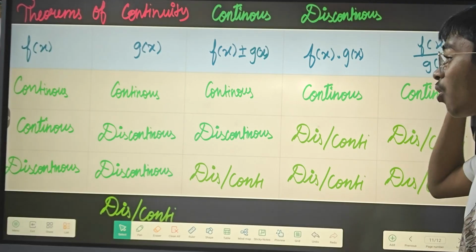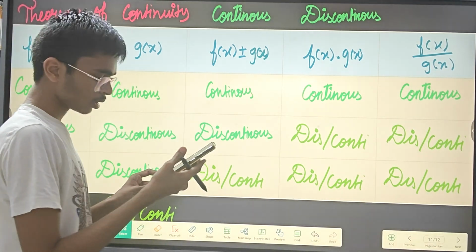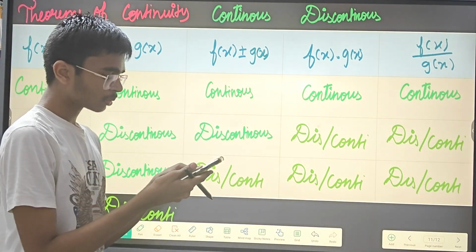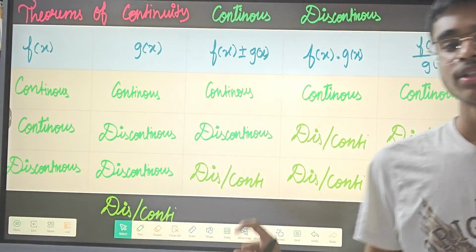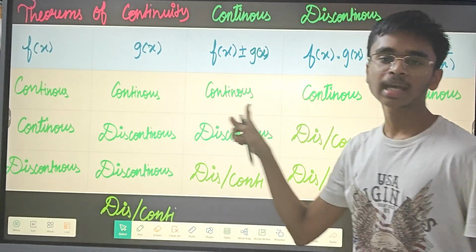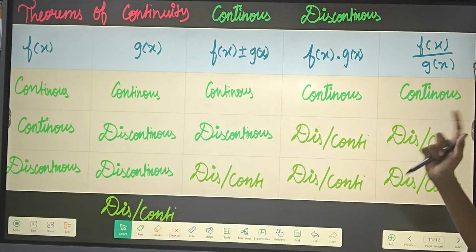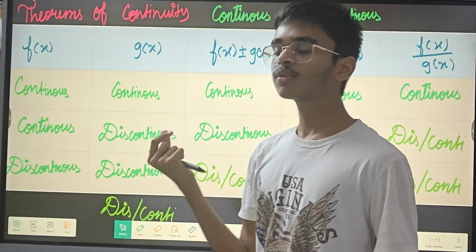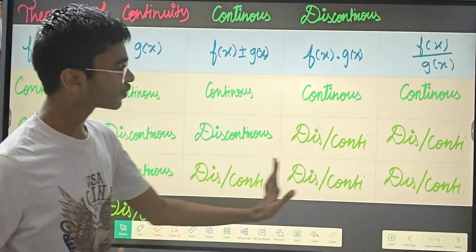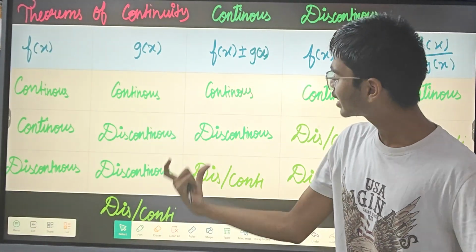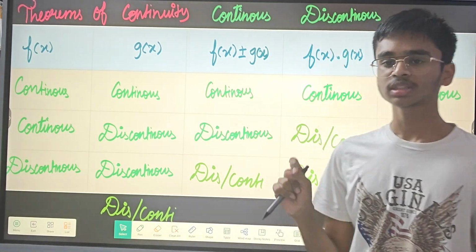So all these concepts, how are you going to remember them? First, just remember which are continuous. In this case, everything is continuous. Just remember which is continuous and which is discontinuous, because the majority of this place is either continuous or discontinuous.